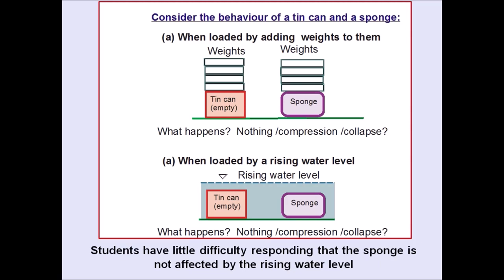We've got the sponge and we've got the tin. And give the students a little while to think about it, and generally somebody or most of them will come up with the answer that the tin will again compress and collapse, but nothing will happen to the sponge. They can sense that a sponge is full of water, and the pressure coming from the rising water level is resisted by the water within that sponge.